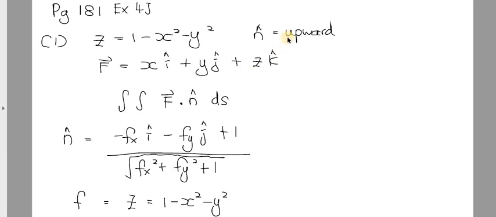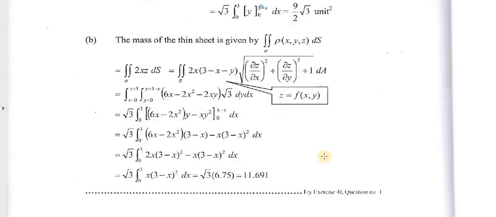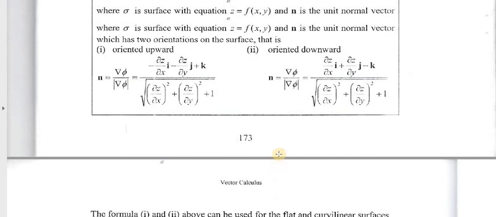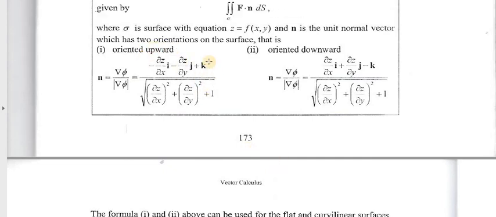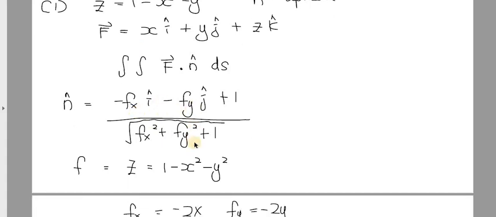Okay, since the question says that it is upward, we will use the equation for upward. You can look at your module. So for upward, you are going to use this one. So this is fx and this is fy. First of all, what is f?